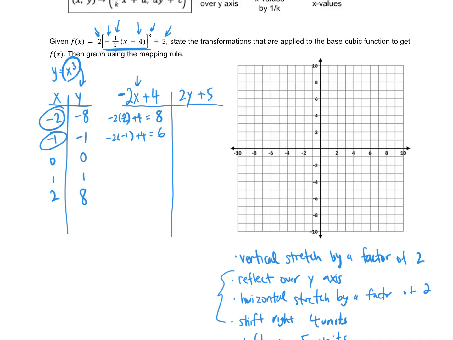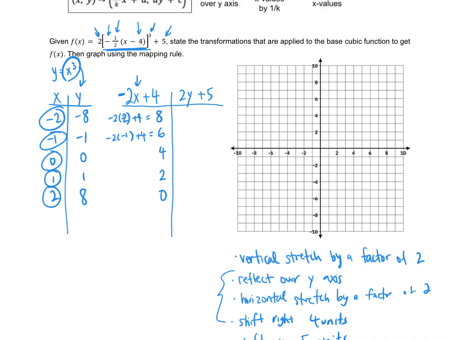Then -2 times 0 is 0, plus 4 is 4. Then the 1. -2 times 1 is -2, plus 4 is 2. -2 times 2 is -4, plus 4 is 0. I have all of my x coordinates. This is where they've all been stretched, reflected, and shifted to.